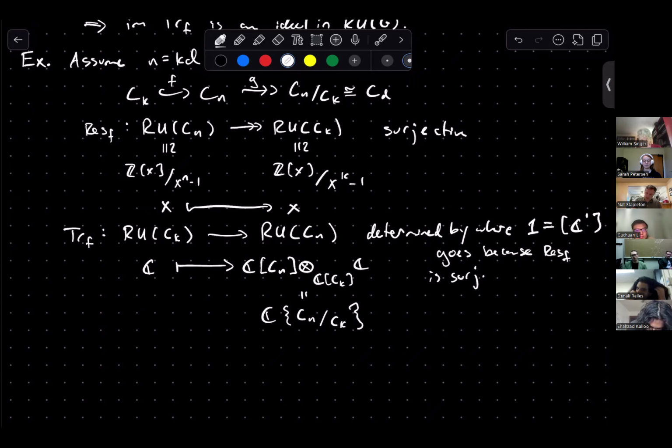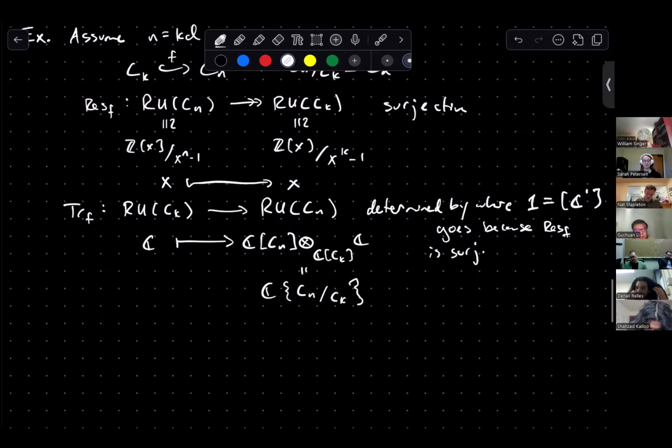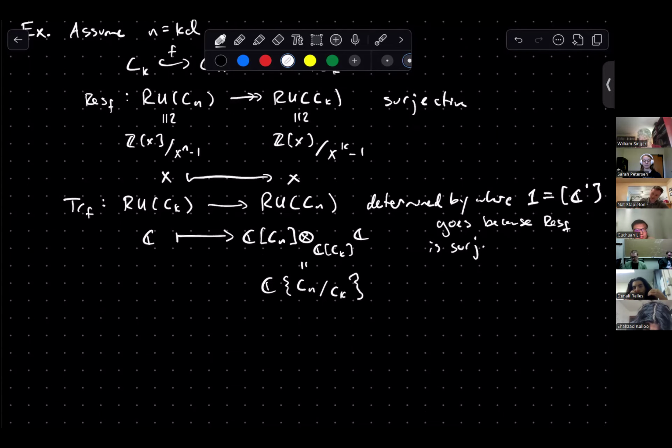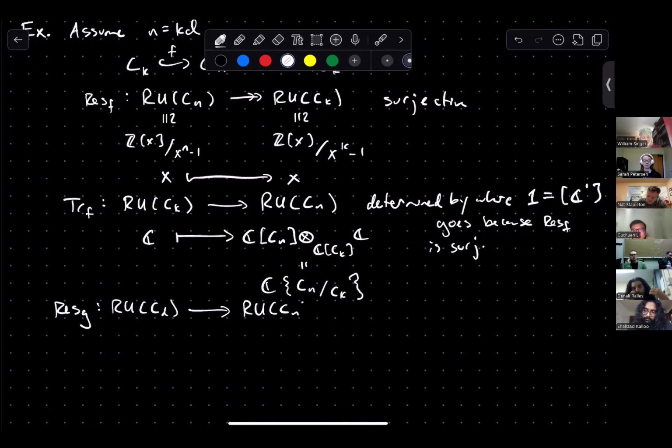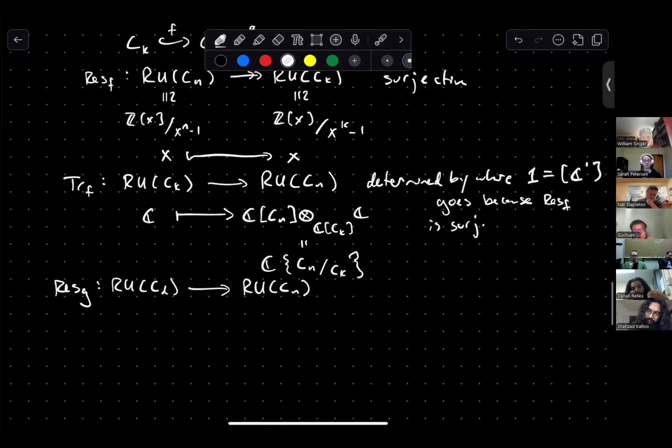But we've still got G. And so let's see what's going on with the restriction along G. So this is a map from RU of CD to RU of CN. Now I'm taking this quotient, right? So Cn is acting on the complex numbers when I restrict.